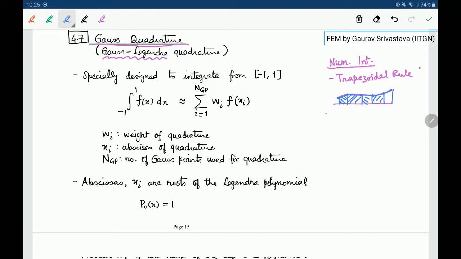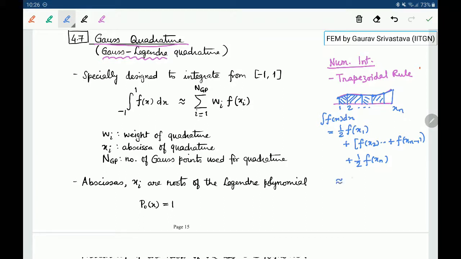You may recall that such an integration of a function f of x can be written as 1/2 f of x1, if this is node 1, 2, etc., plus f of x2 up to f of x(n-1), plus 1/2 of f of xn, if this is xn.